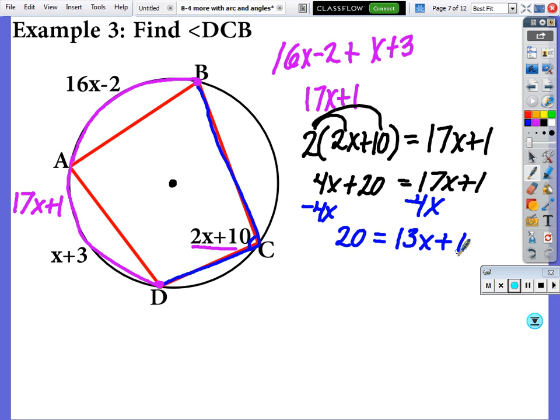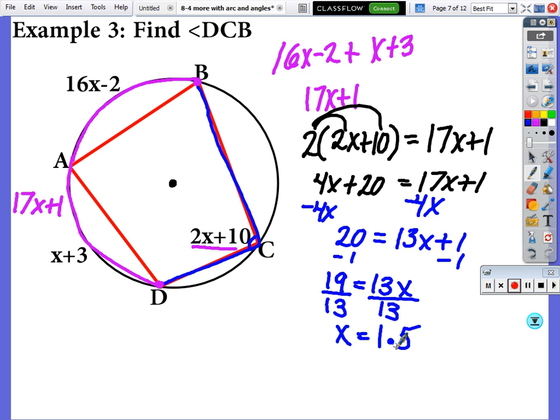Subtract 1, subtract 1. So I have 19 is equal to 13x. And then our last step is to divide both sides by 13. So x is equal to, approximately, 1.5. So x is equal to 1.5.